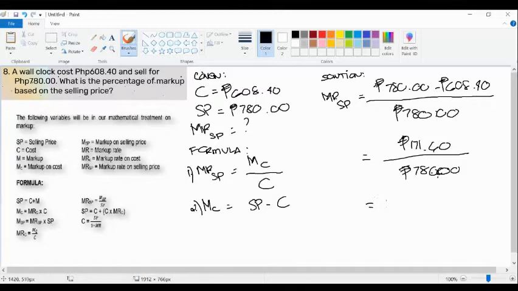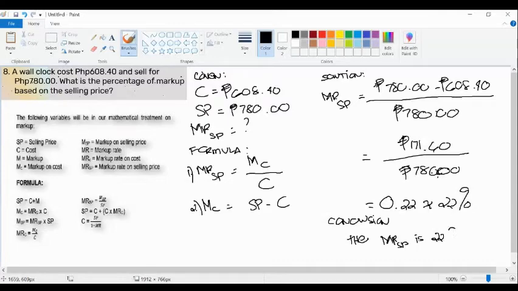So 171.60 centavos divided by 780 pesos is equal to 0.22. Converting this to percent, that is 22%. So our conclusion, the markup rate on the selling price is 22%.